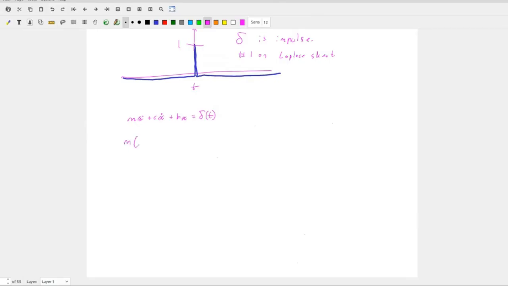The Laplace transformation of this, let's not do it in standard form. Let's just leave the m out front. So we have m times s squared x of s minus s x of 0 minus x dot of 0, plus c s x of s minus x of 0, plus k x of s is equal to 1.